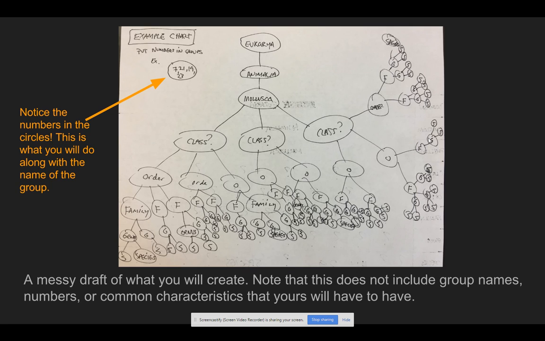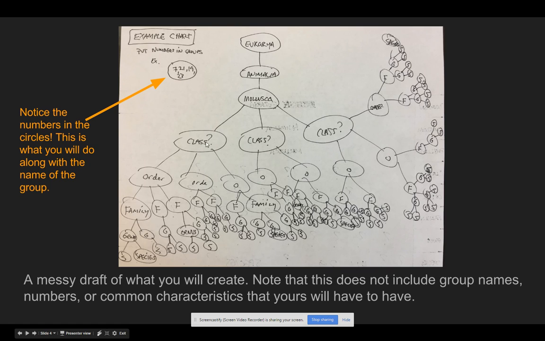So you can see where you've got Eukarya at the top, and then Animalia, and then Mollusca, and then I start breaking it up. So in this example, you'd have it broken into 3 classes, but instead of writing "class," you would write the name of the class, and that is totally up to you. And then up here in the upper left, it says, notice the numbers in the circles.